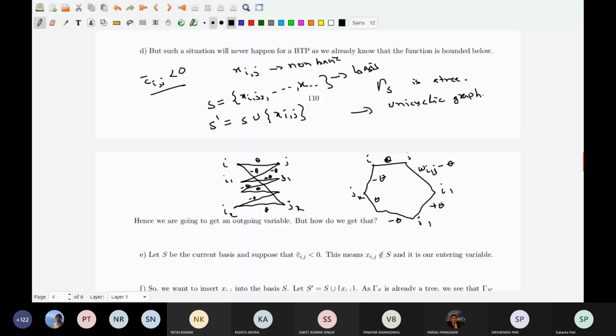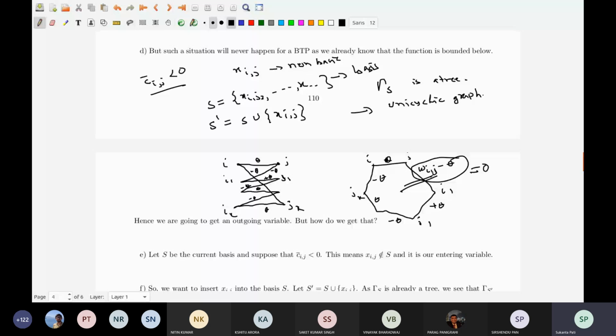So in that case, what is the maximum amount of theta that you can give? It depends on what the values are over here, from where you are taking away theta. I can choose the maximum theta so that at least one of those turns out to be 0. If that turns out to be 0, you delete that edge, break that edge.